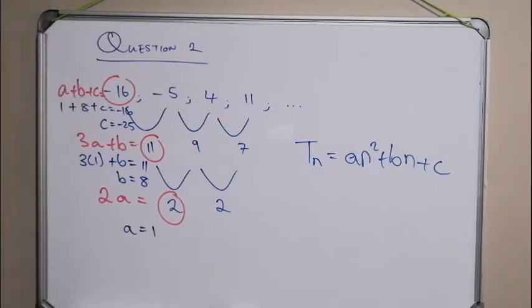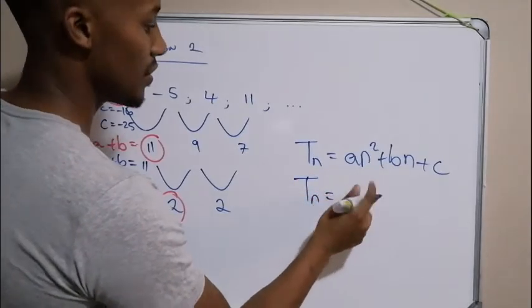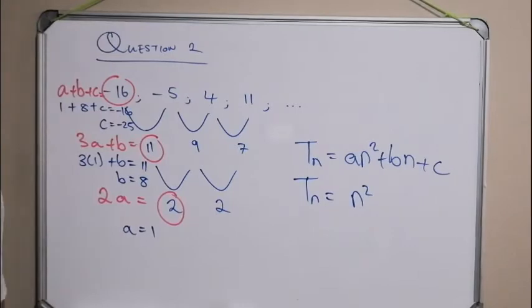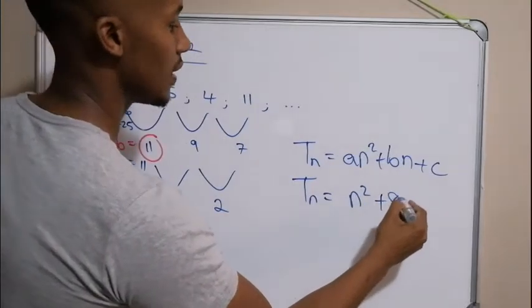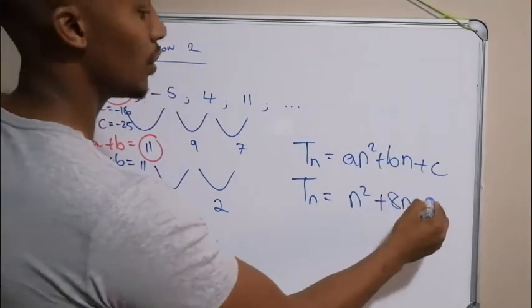So I'll just go ahead and substitute that into this formula. So a is equal to 1, so I'll just say 1n squared, invisible 1, plus 8n minus 25.